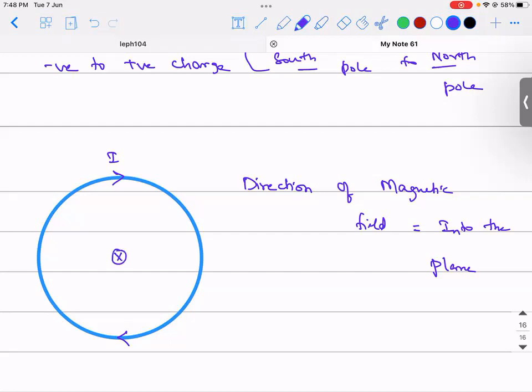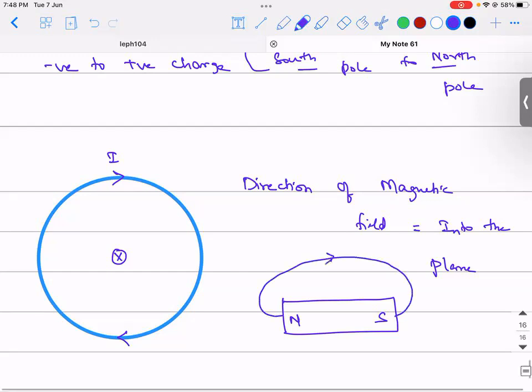When it is going to act into the plane, then I can say that that is going to be the direction of magnetic dipole moment also. Because when you take a magnet, the magnetic field for a magnet outside it is from north pole to south pole, whereas inside it is from south pole to north pole.